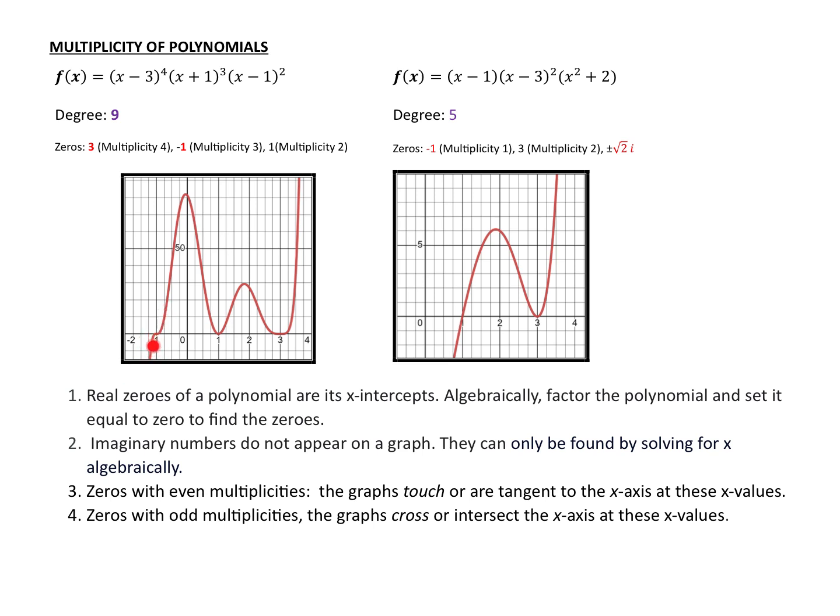So if I sketch it, let me see how each zero behaves. Look at negative 1. I know the multiplicity is 3, so see what is happening. It crosses, but it's flattening as it crosses. So I know 1 has even multiplicity, so it bounces off.